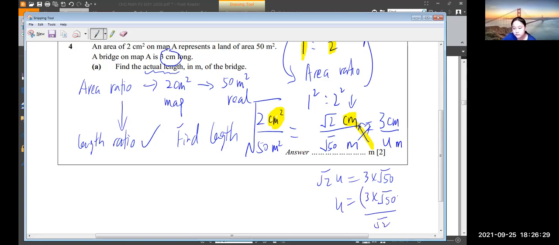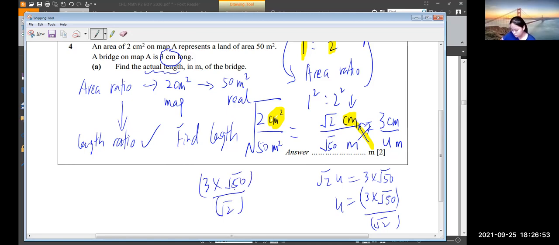So just use your calculator to help you out. 25.980. Hey, hold on. I think no. So okay, first thing first, you get this, right? Can you do this separately?